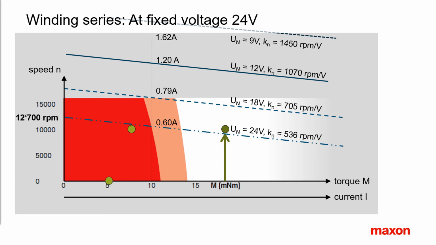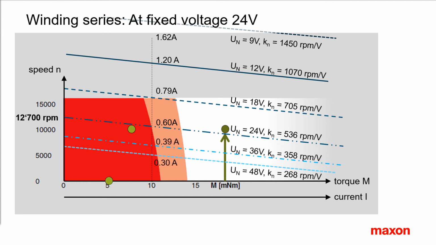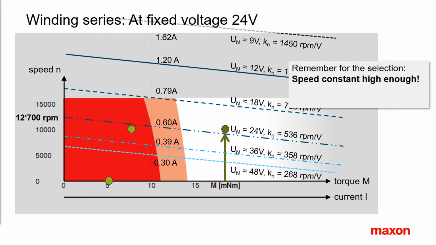The controller would have to reduce the motor voltage a lot, and the currents needed are much higher. The other two windings with higher resistance and nominal voltage cannot reach the required speed, because their speed constant is too low. The key message is, select a winding with a high speed constant, but don't go too high, to keep the required current small.